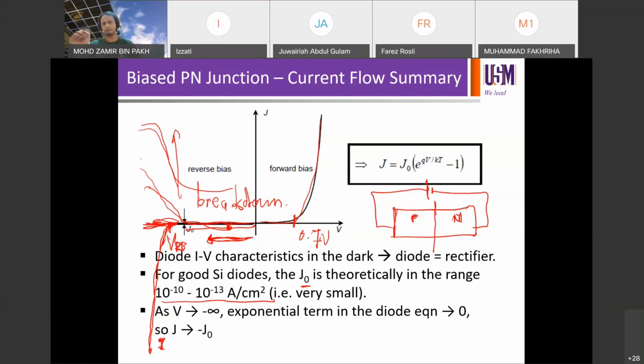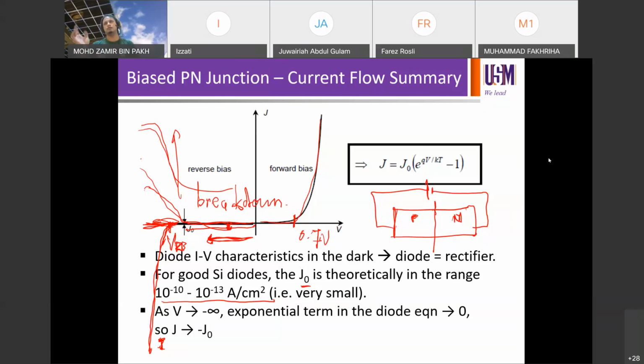But we know that even though you are supplying a small negative bias to the junction, we do have currents in the region of 10 to the minus 10 to 10 to the minus 12, negative picoamperes per cm squared of leakage current. That is the default condition when you're applying the negative reverse voltage to the junction.